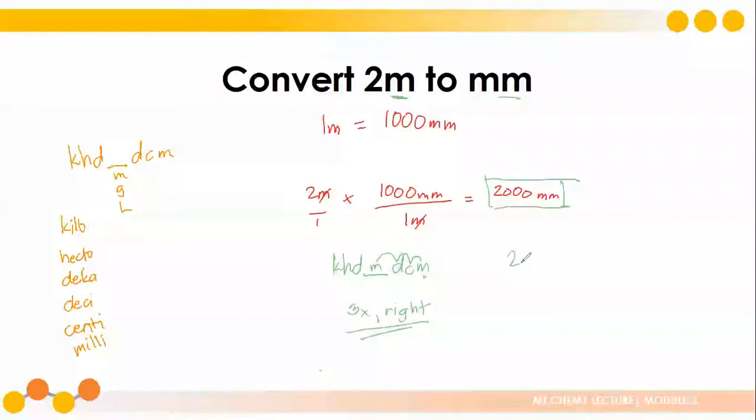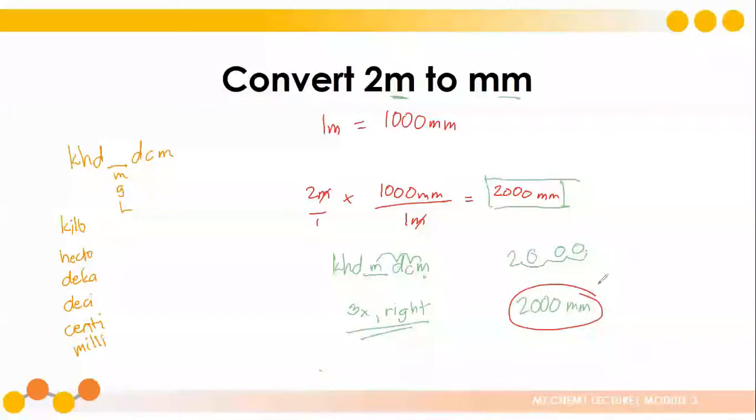So all you need to do is move it 3 times to the left. So you have to move it 1, 2, 3. Okay, and then your decimal point will be put here. So what do you do with these spaces? You just fill them with zeros. Okay, and then this will be your final answer, which will be 2000 millimeters.